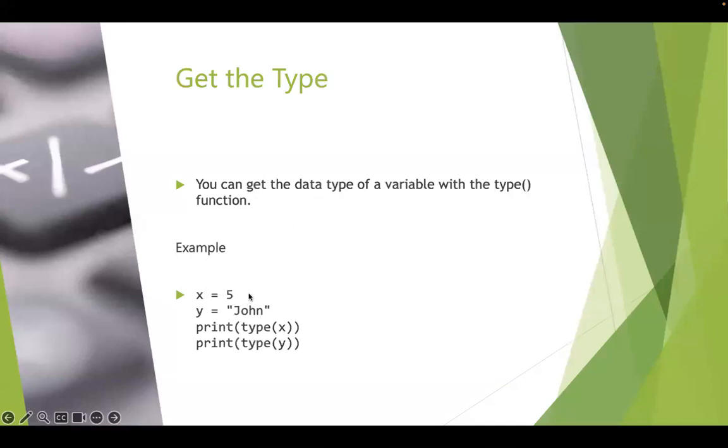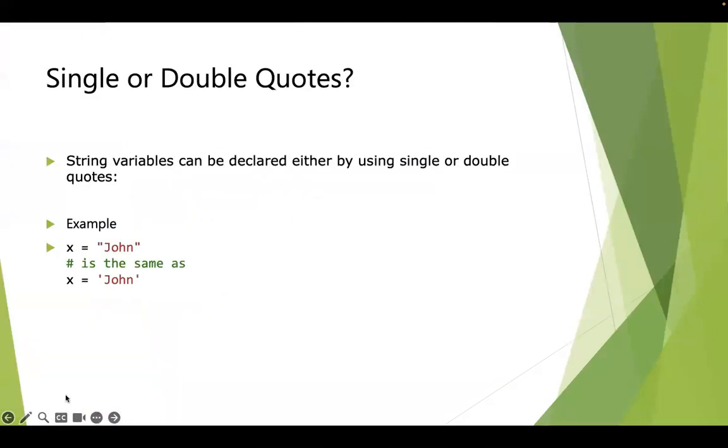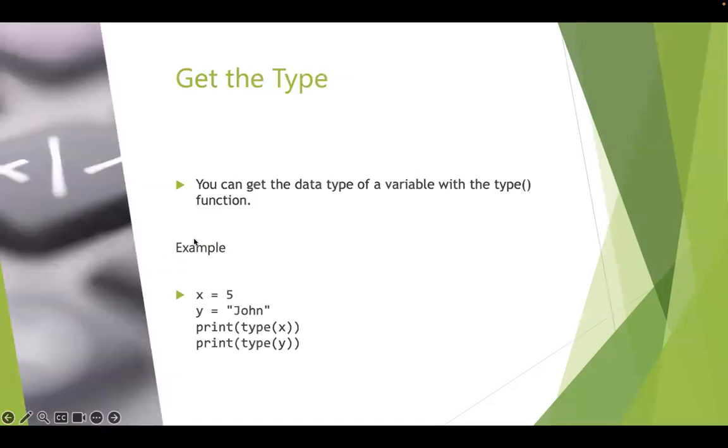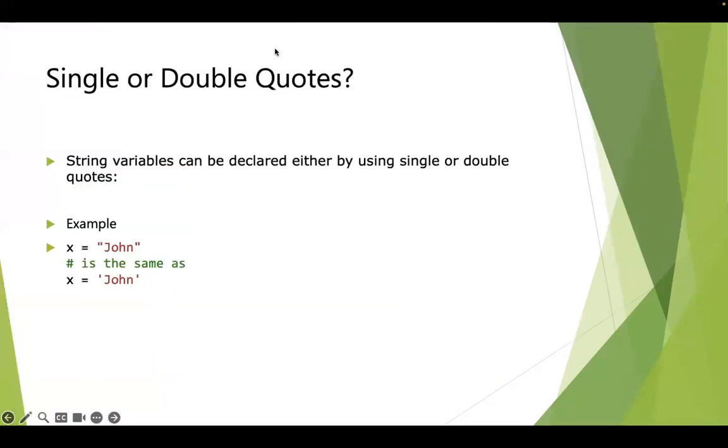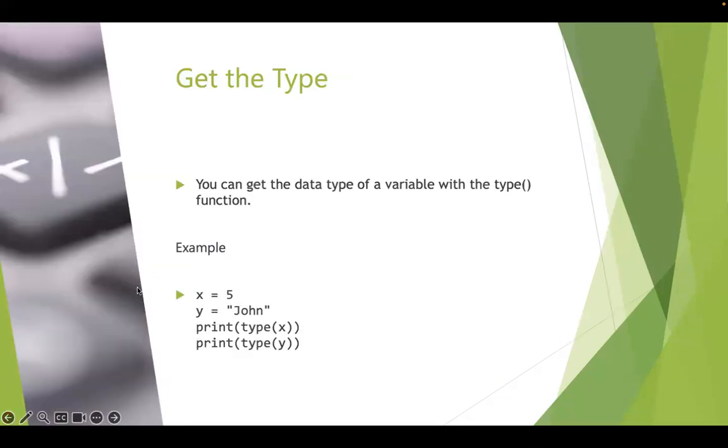Let's say for example I have data here. It says X is 5 and Y is John. Print type X, what would it give you? If I say print type X, it's going to tell me X is an integer.